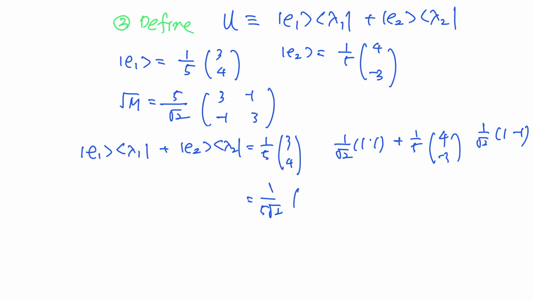So this is 3, 3, 4, 4 plus 1 over 5 square root of 2, 4 minus 4 minus 3, 3.